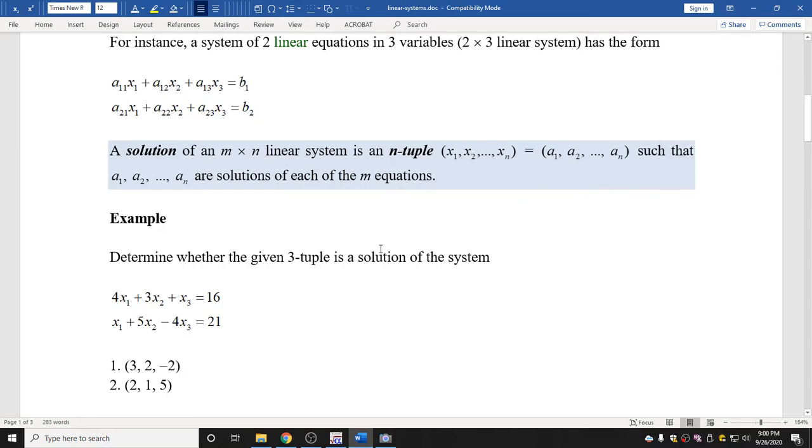Example: determine whether the given 3-tuple is a solution of the system. This is a 2 by 3 system. For number 1, the 3-tuple is 3, 2, -2.